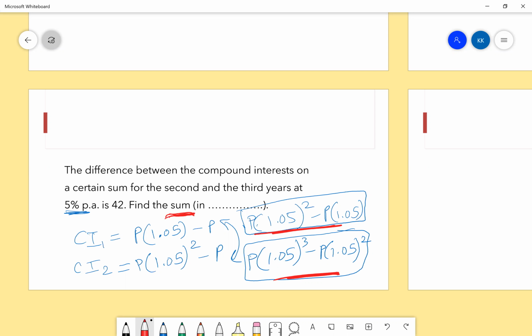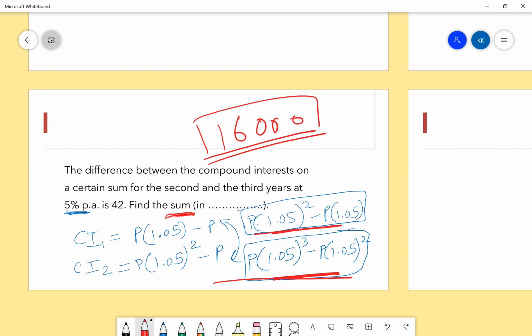You have one unknown and one equation, and 1.05 cubed you can easily solve using the calculator. The answer is not such a small number. You will find the sum after solving this question as 16,000.